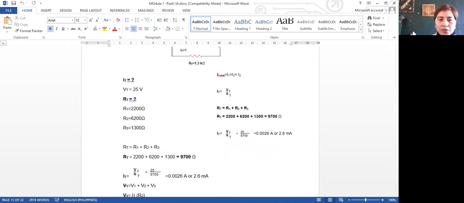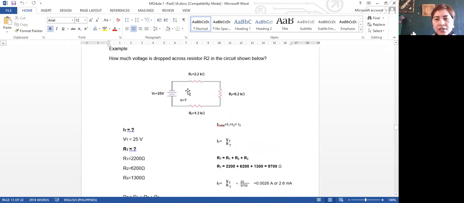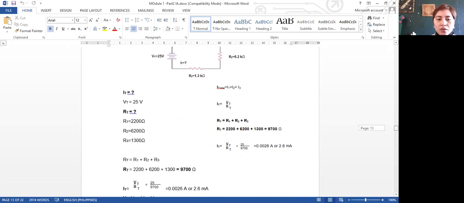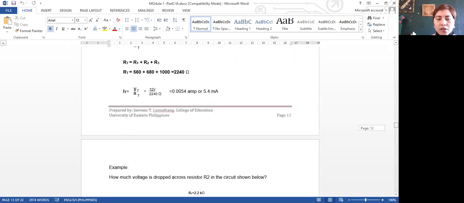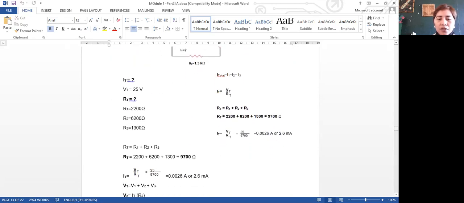Like for example, this one. This is a series circuit. So according to Ohm's law, the total resistance is the combination of the different resistances in the circuit.